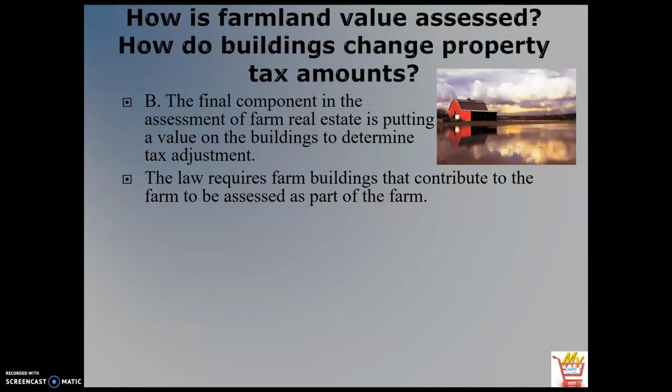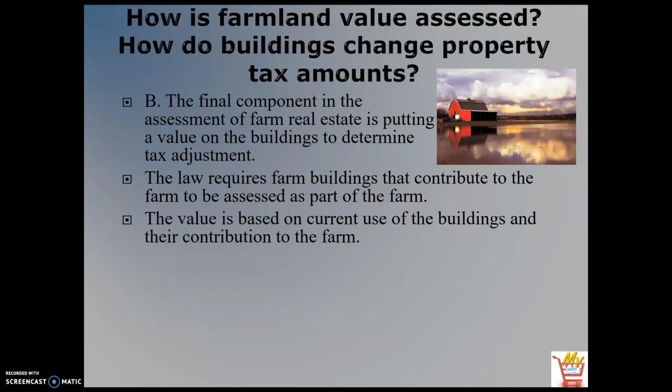That building doesn't contribute to the farm. It doesn't do anything for the farm. So it would be viewed as something that was not a farm building. It has to contribute. So we're talking things like grain bins, livestock facilities, barns, storage or tool sheds, shops, things like that.